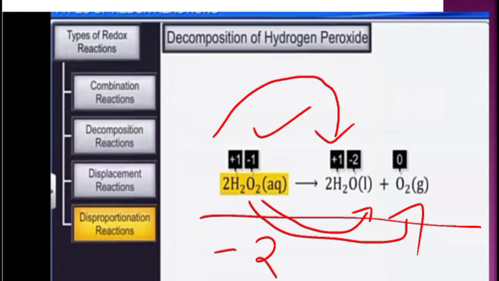The same element was oxidized and reduced. -1 to -2 is reduced, and -1 to 0 is oxidized. So the same element underwent oxidation and reduction. Such a reaction is known as a disproportionation reaction. So this is all about the types of redox reaction. Solve more examples from this, then it will be very clear. Okay, thank you.